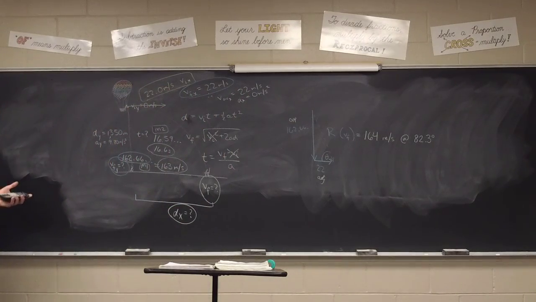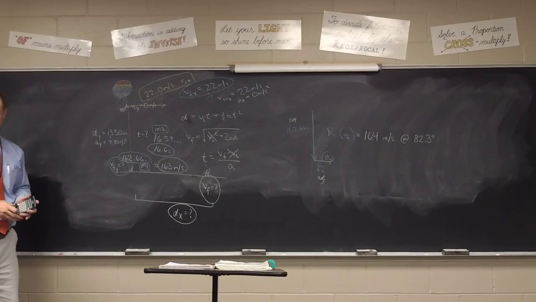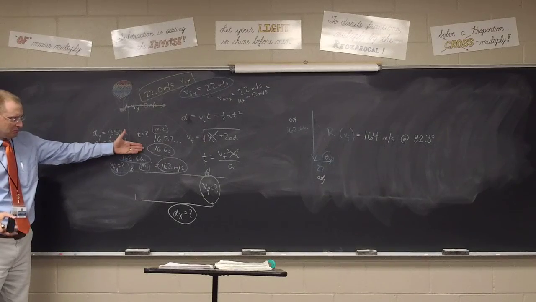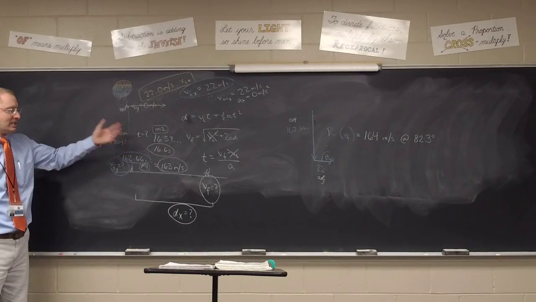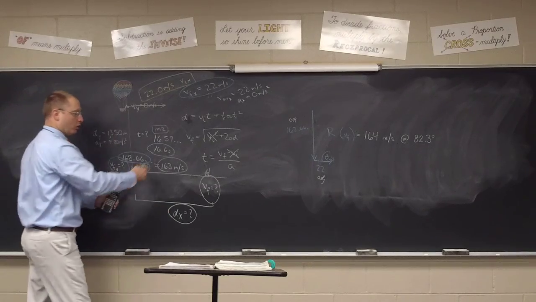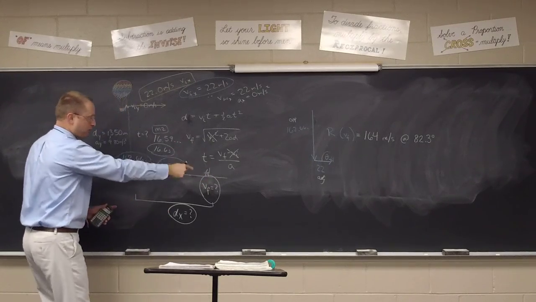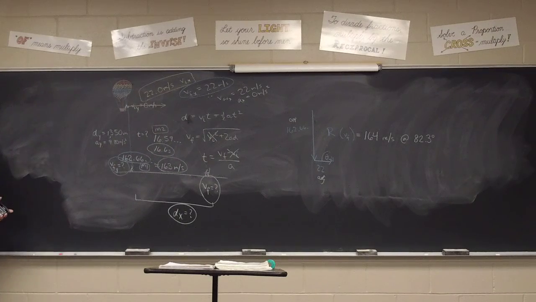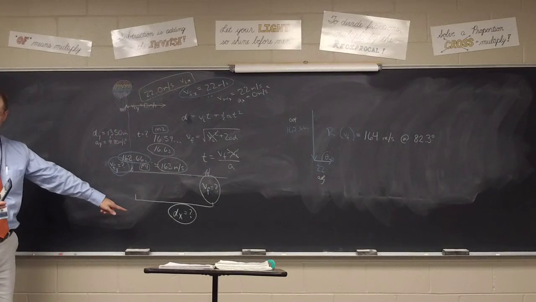It also asked how much time does it take? Well, we already knew how much time it took, class. 16.6 seconds. And then I added on one more thing. How far away from Michael would Kendall have to sit for that throw to perfectly get her in the forehead? Well, how would I find displacement in the x?